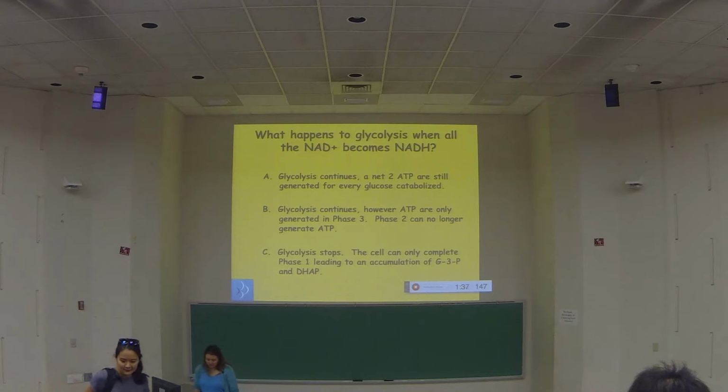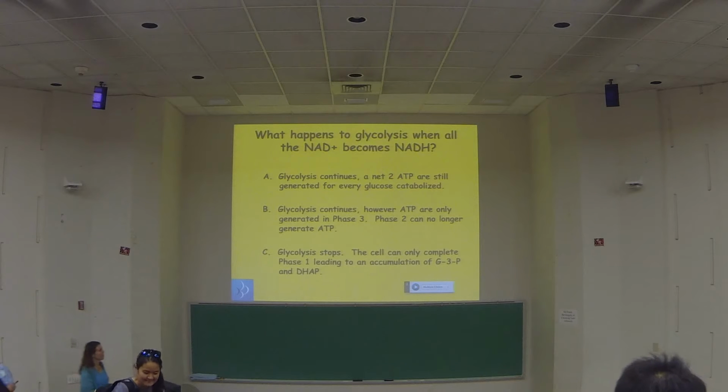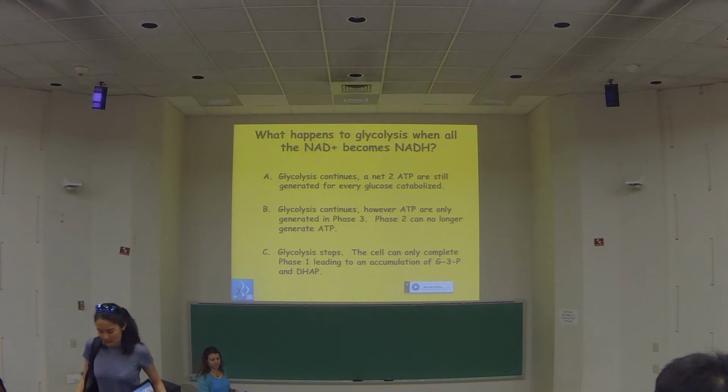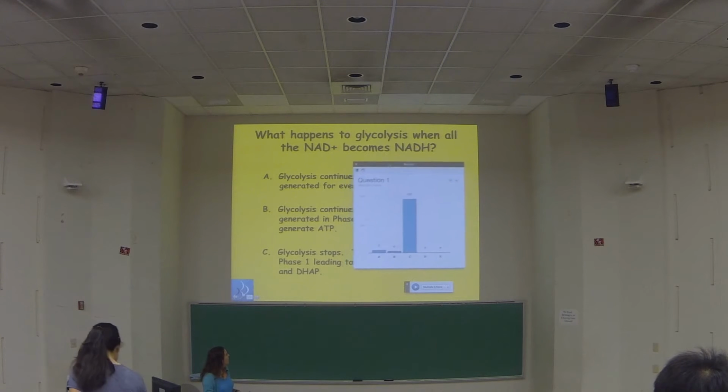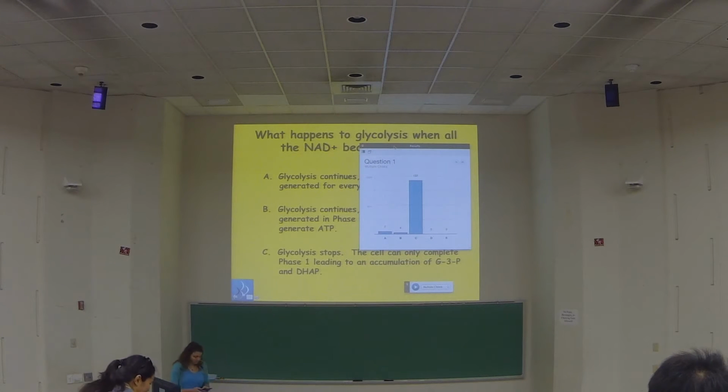Let's take a look. All right, so we covered this at the very end of lecture on Friday. Without a fresh supply of NAD+, glycolysis stops. It can't go any farther.